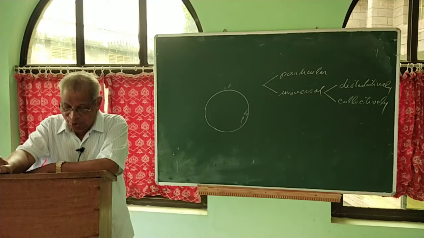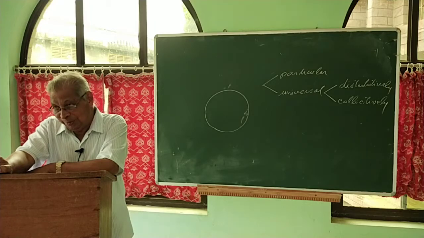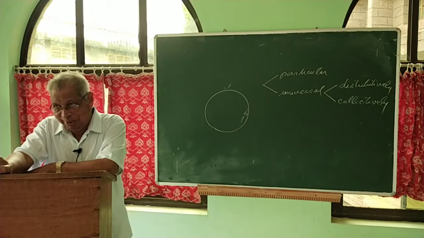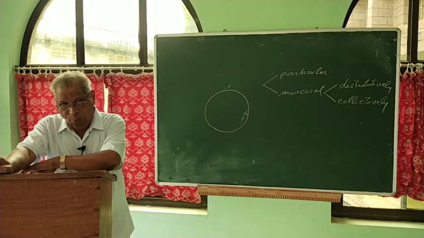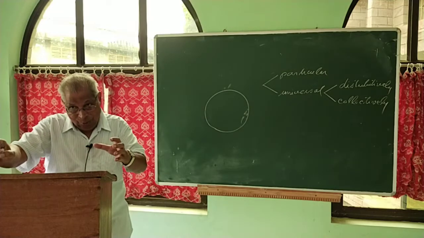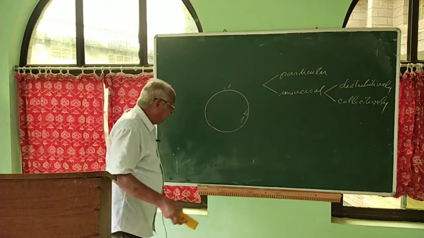The second one: all angles of a triangle are less than two right angles: distributive use. Now, what does it mean? Try to reflect and find out how each is used. When you say all angles, you understand the meaning of all angles of a triangle.